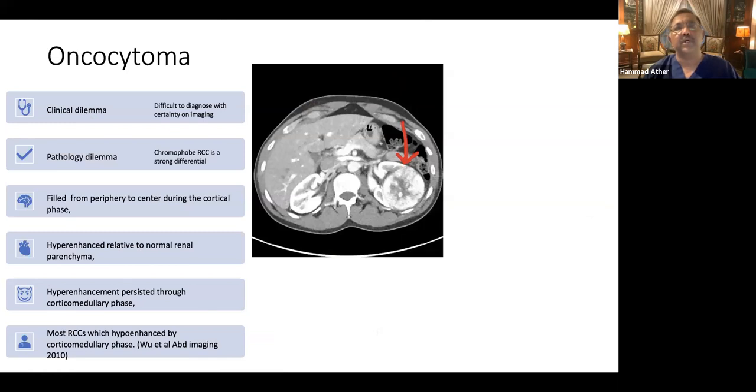Another area which we as clinicians find a difficult domain is identifying a benign kidney tumor like an oncocytoma. This looks quite typical, with the typical central necrosis and stellate scar, not clearly a stellate scar in this one, but a sort of spoke-wheel pattern in this lesion. But this can well be RCC, because we know RCC can present in various shapes and sizes, so it's really very difficult to categorize.